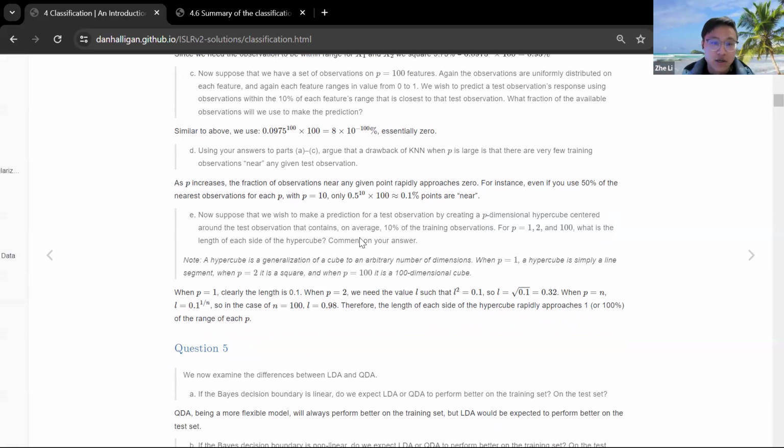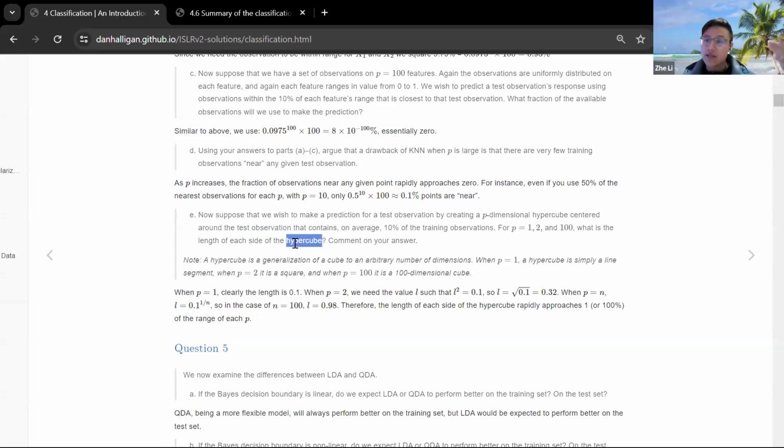Now suppose that we want to capture the 10% space near a point in a p-dimensional hypercube centered around this test observation. What length of each side of this hypercube do we have to capture in our modeling?